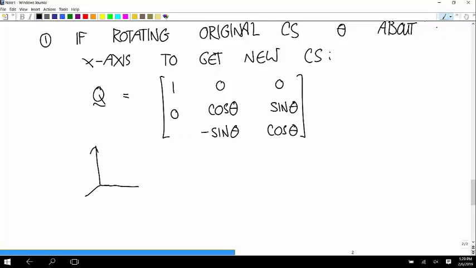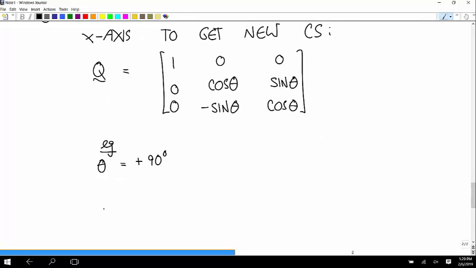Let's do a coordinate system where, for example, let's say theta is equal to positive 90 degrees. That'll make it easier for me to draw this. And let's say we start out with a coordinate system like this with the x-axis to the right and the y-axis up.